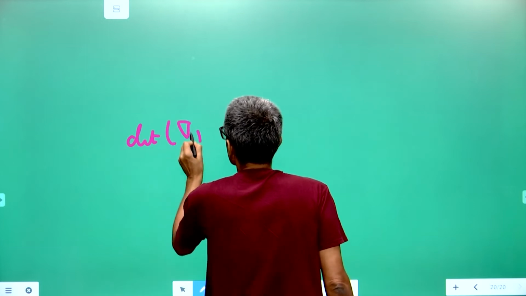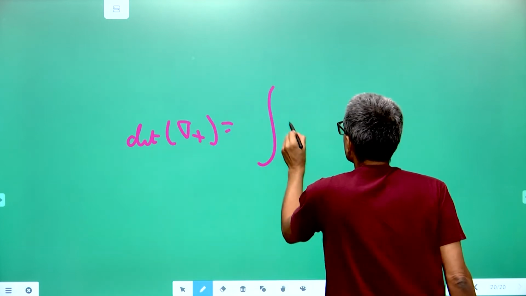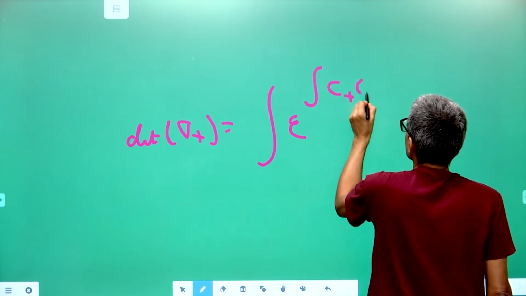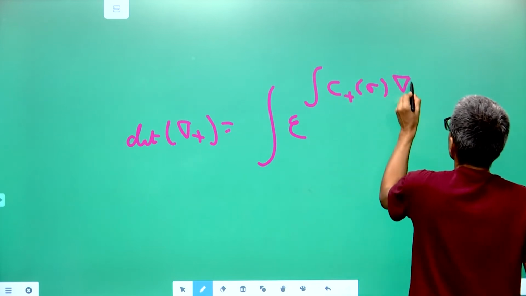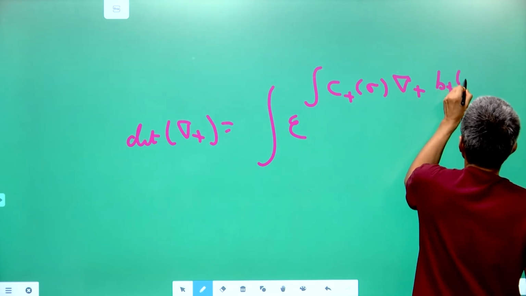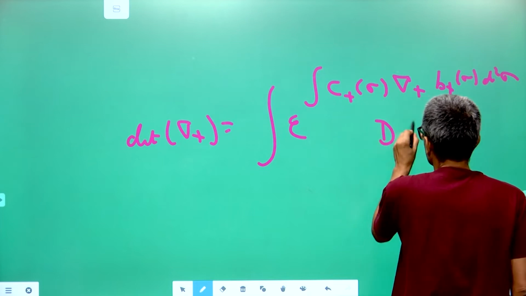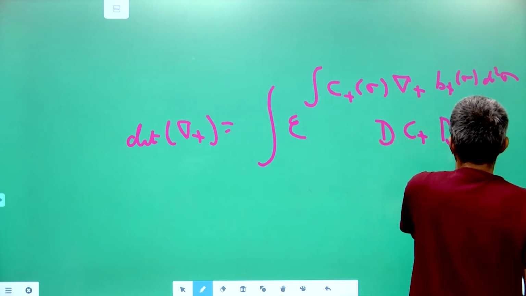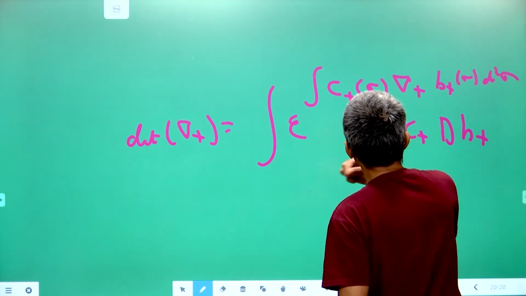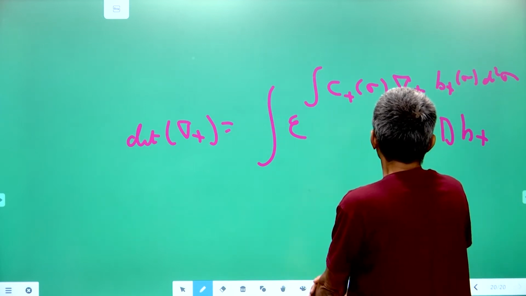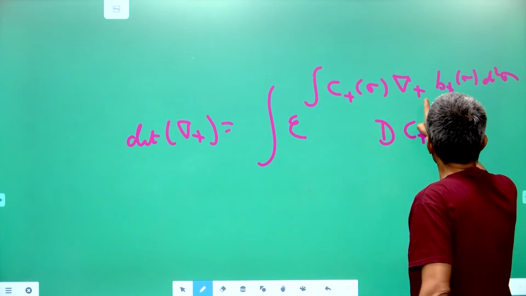Determinant of del plus can be written as the integral of e power integral c plus sigma del plus b plus sigma d2 sigma, and then dc plus db plus. It is a Berezin integral where c plus and b plus are functions of only sigma plus, because del plus depends only on sigma plus, right.